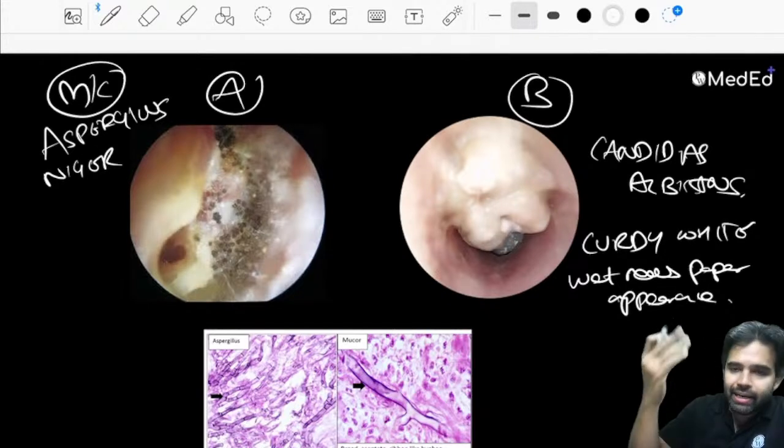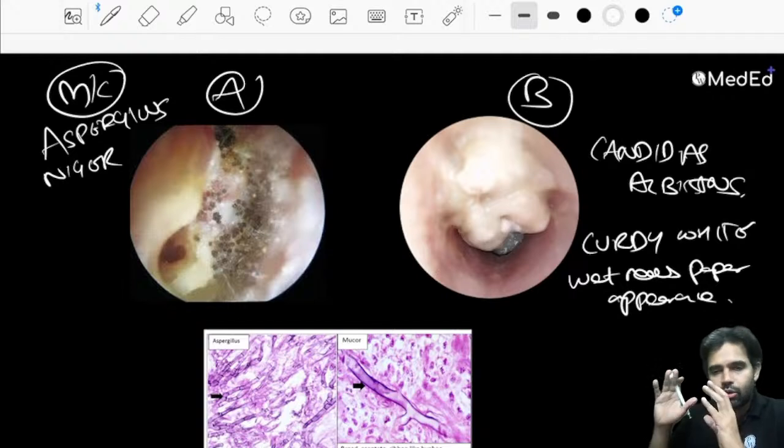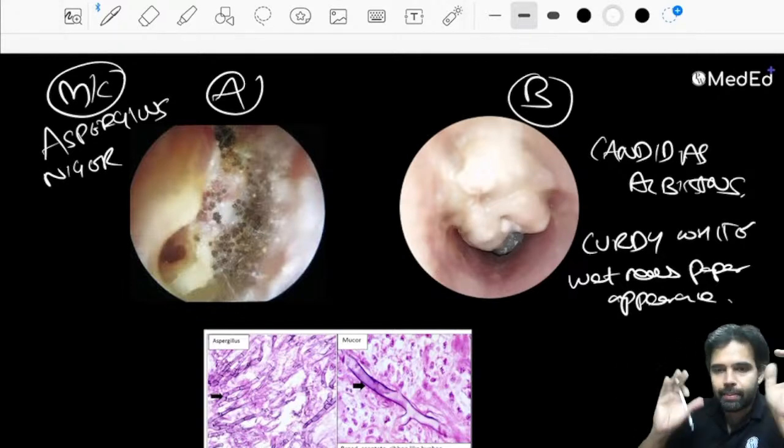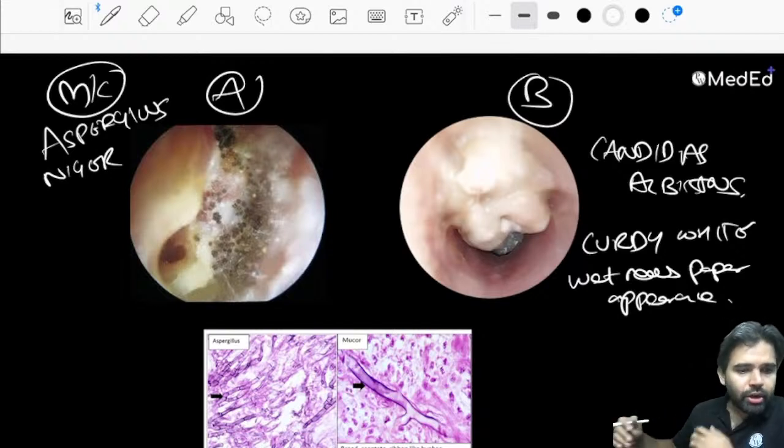See guys, earlier days there were no cameras, no endoscopes like this. You had to describe to others, so they would make it look like wet newspaper type, so that people can remember.